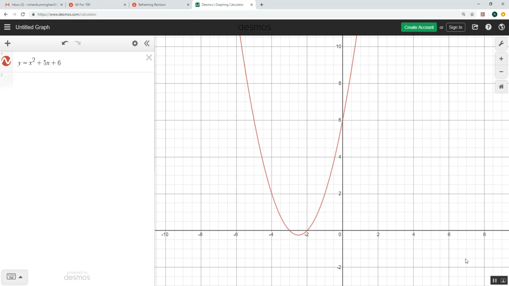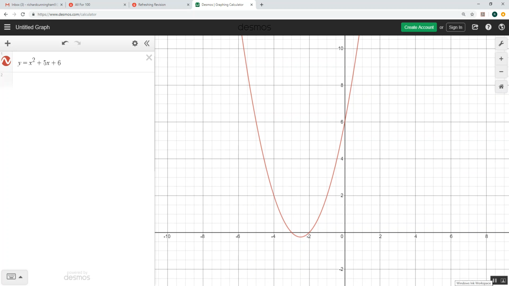This line is crossing which axis? The y-axis. What's the maths word for something that crosses something else? Intersect. So this is the y-intercept.